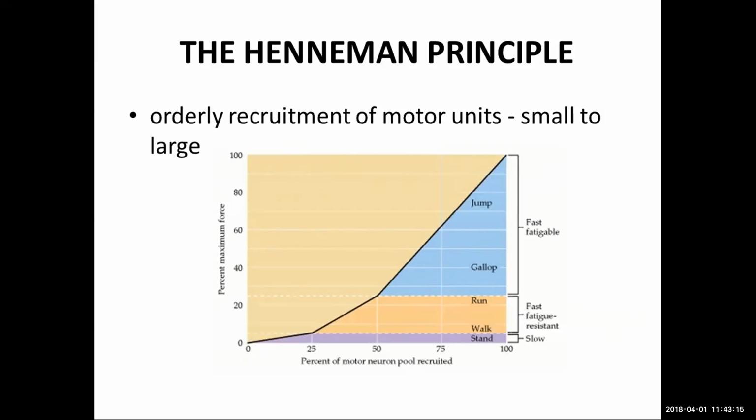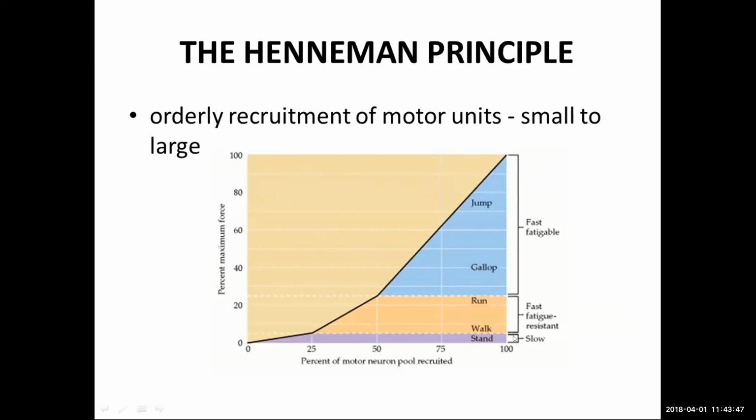When you need more force to push the car, like that, if you are trying to run or walk, you can see in the graph that as you are trying to produce more force, larger motor units are recruited, right? So Henneman gave this as the order of recruitment, and this is one of the basic principles of how your motor units are recruited.